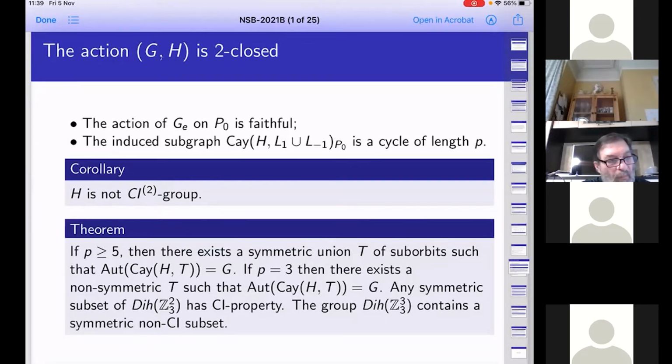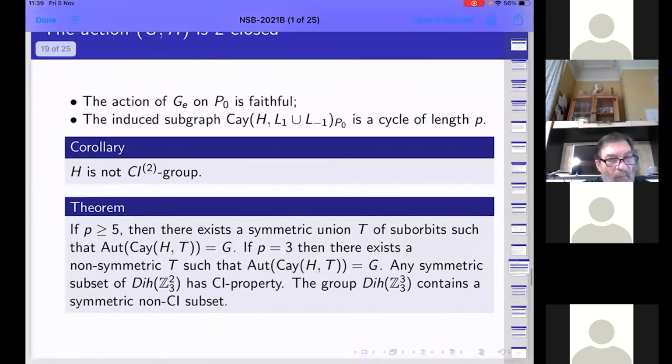So we are lucky to get such a set only when P is not equal to 3. For P equals 3, there are no symmetric generating sets which have the same automorphism group.